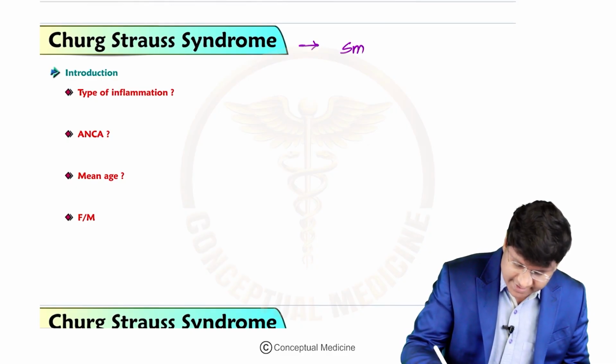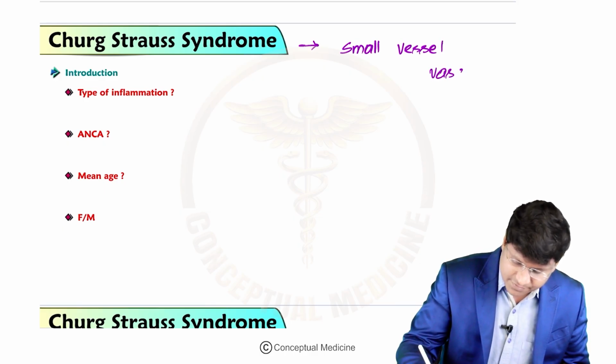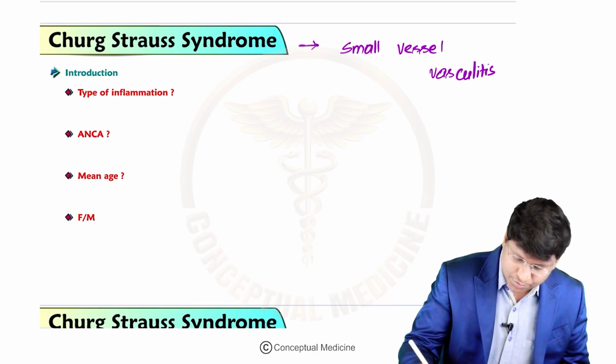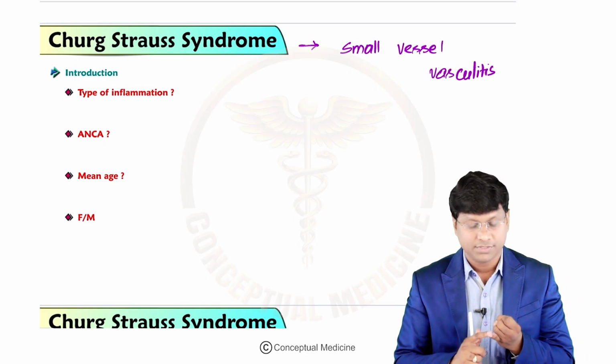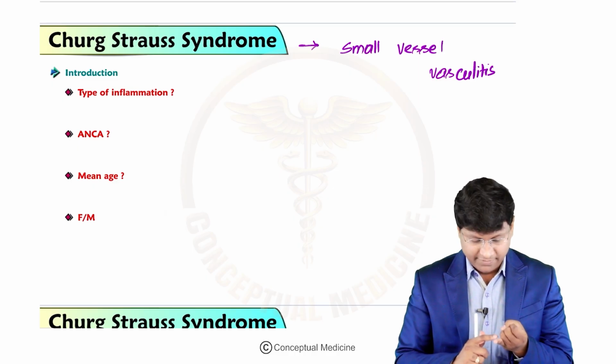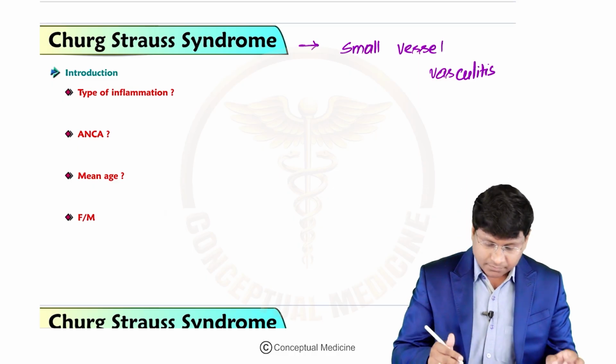As already mentioned, it is a small vessel vasculitis. And what are the examples of small vessel vasculitis apart from Churg-Strauss syndrome? You should know that in small vessel vasculitis, there will be inflammation of arterioles, venules, and capillaries.